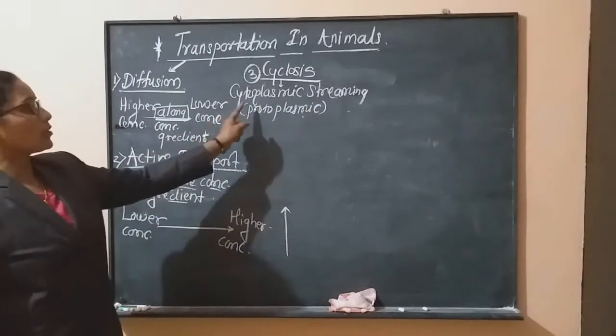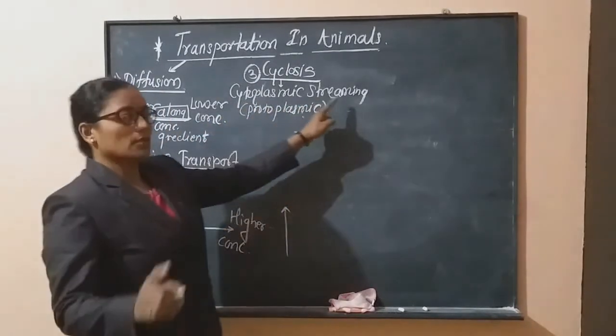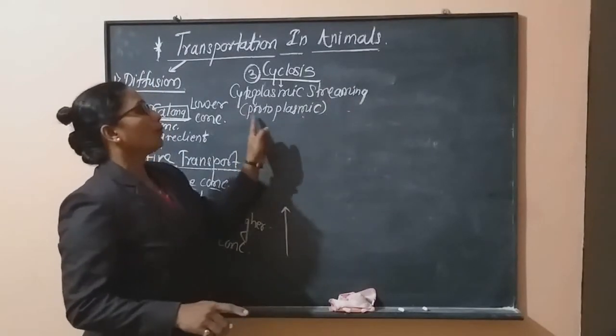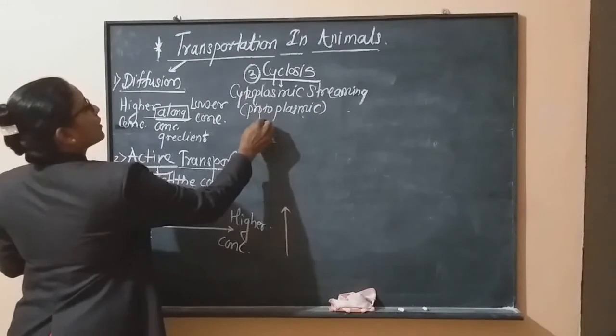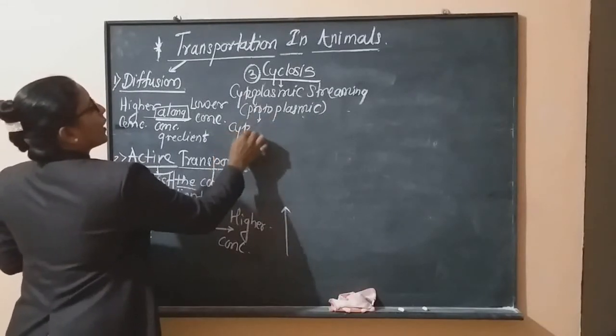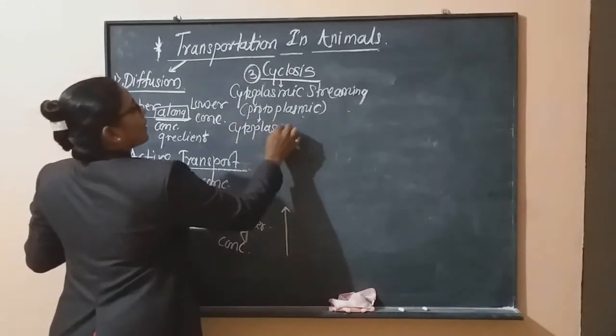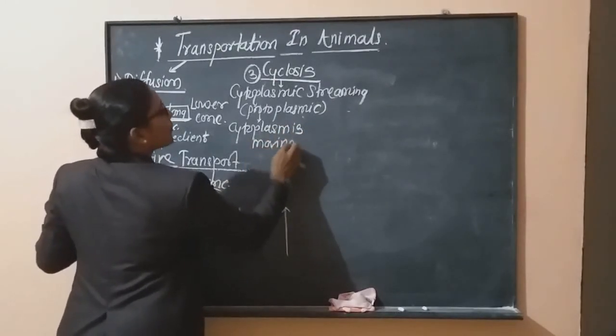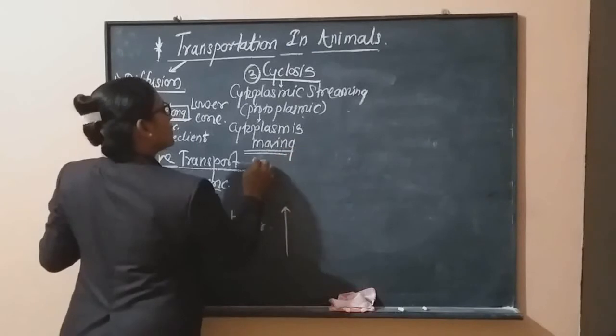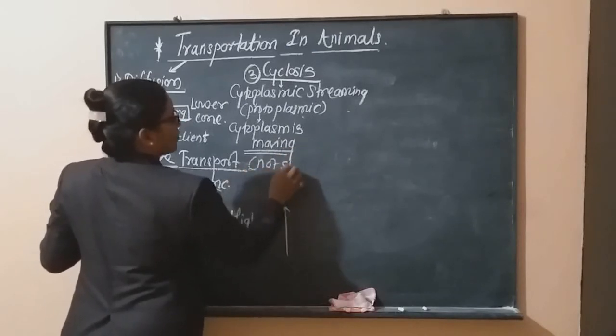Cyclosis means cytoplasmic streaming or protoplasmic streaming, or the simple meaning of this word is that the cytoplasm is always moving. It is not stationary.